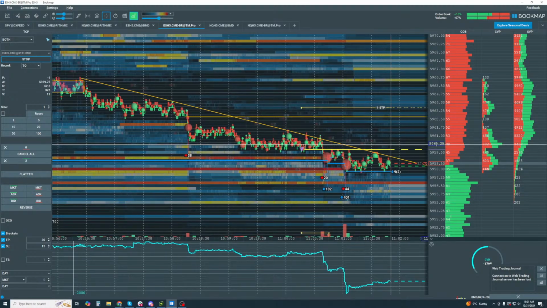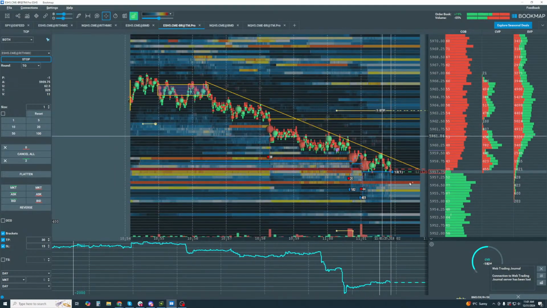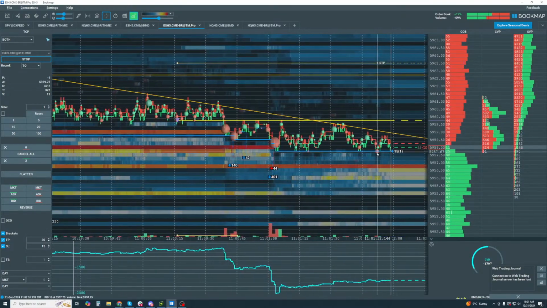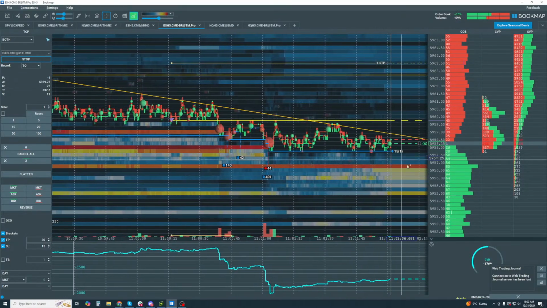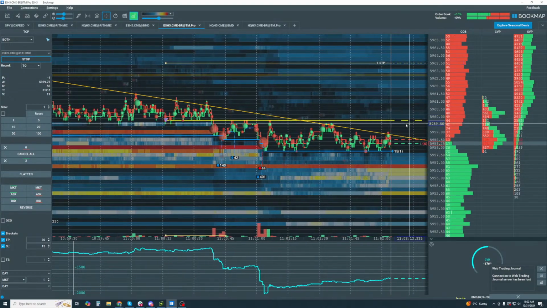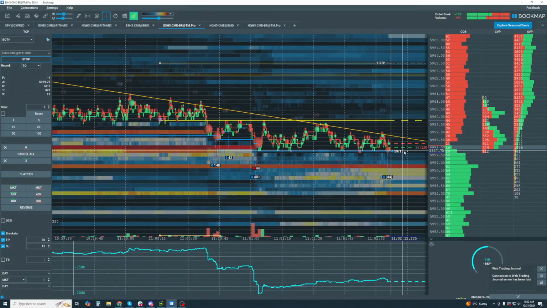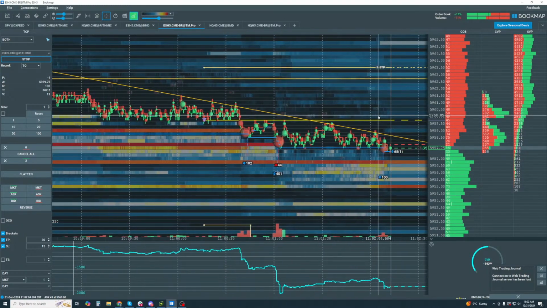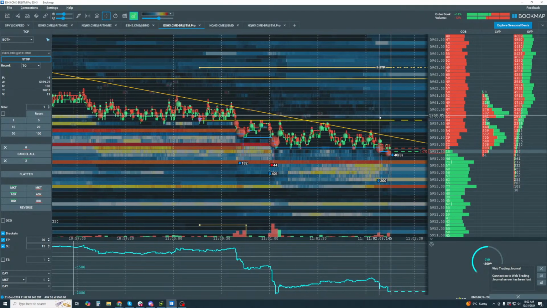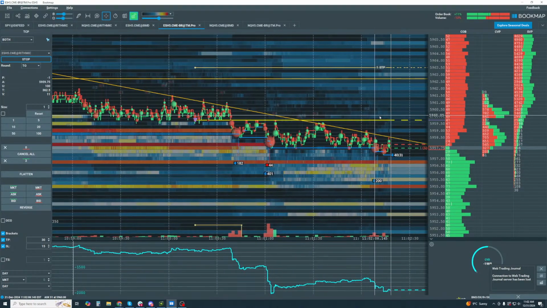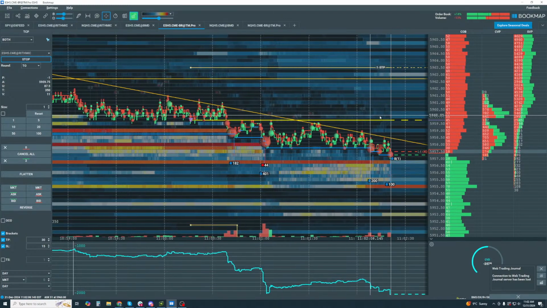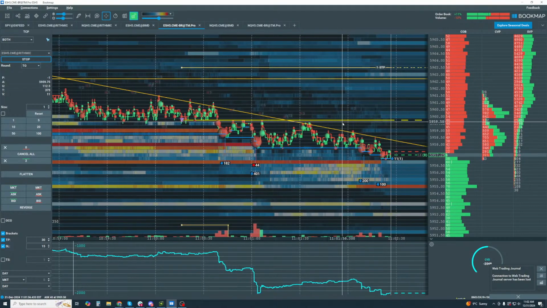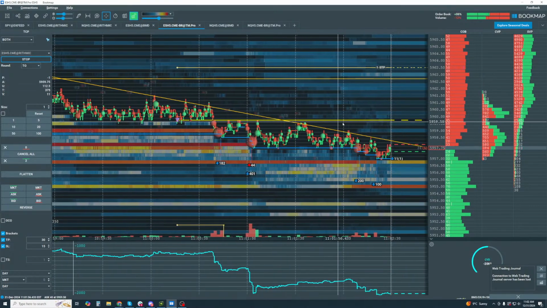Continue it. Good if it's auctioning here, or drop. See them getting out of the way here at 56, 57. Back in.